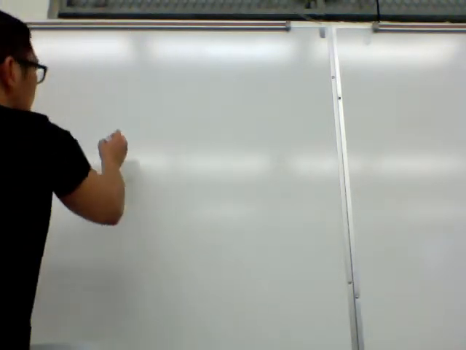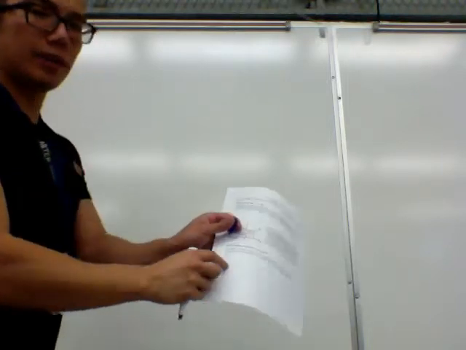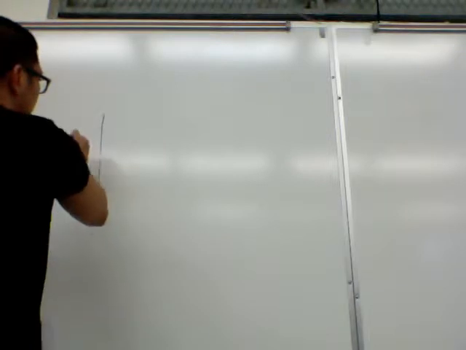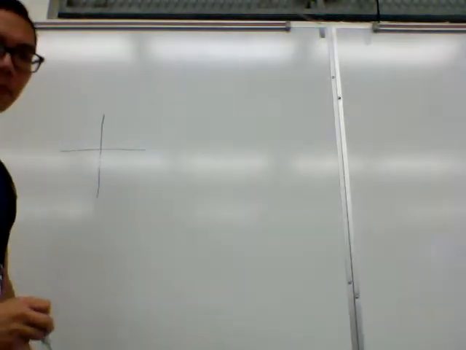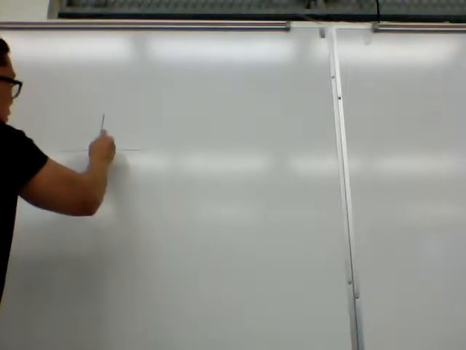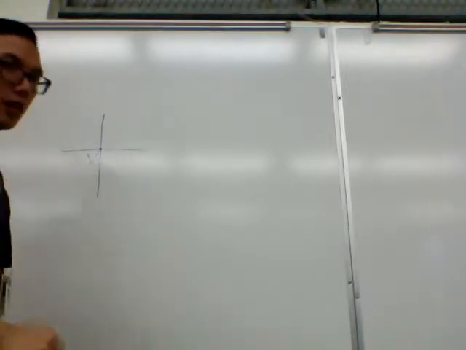So, on the bottom left here, let's draw a picture. Okay. So here's our coordinate system, and we're going to make the vertex the origin here.